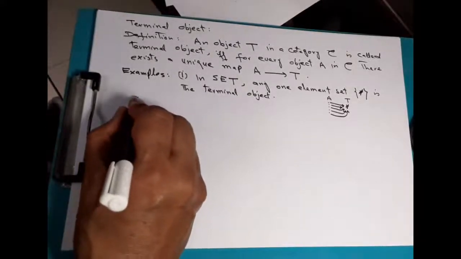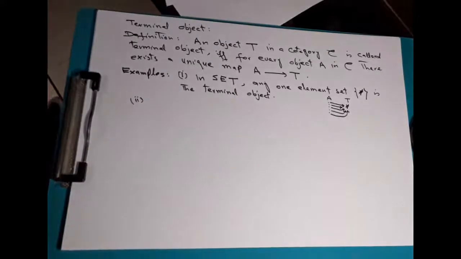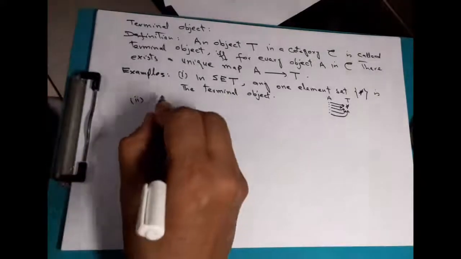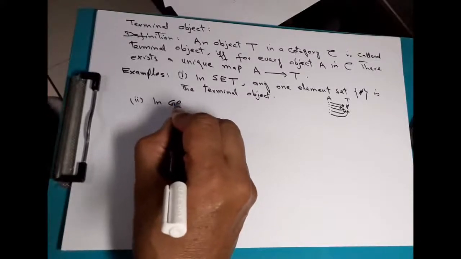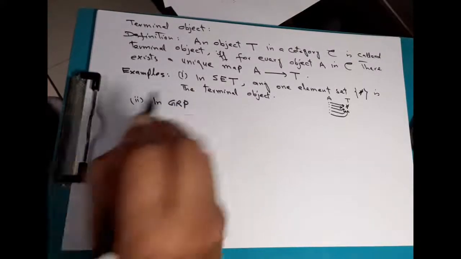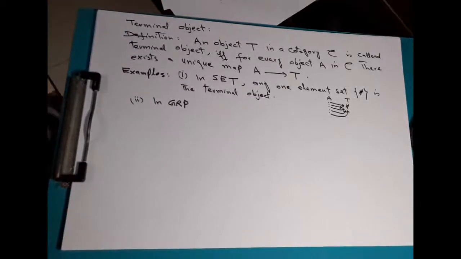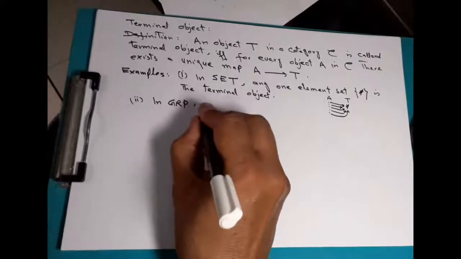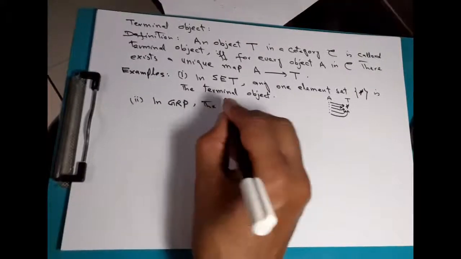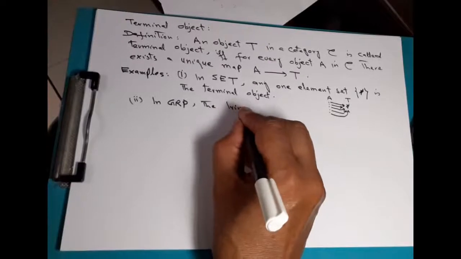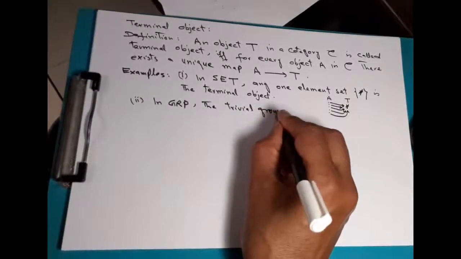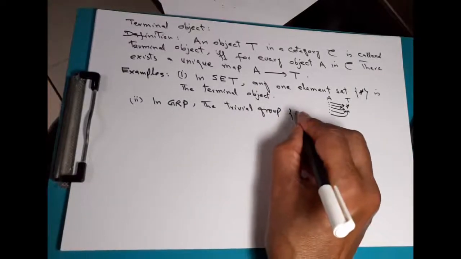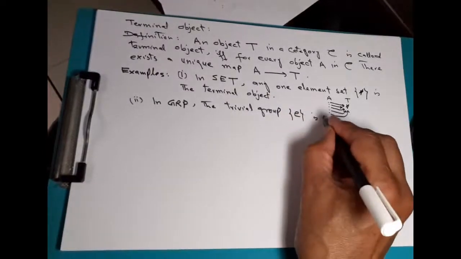Secondly, in the category of groups, the one element group, that is the trivial group, is the terminal object. The trivial group is the terminal object.